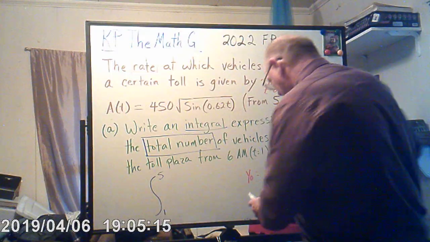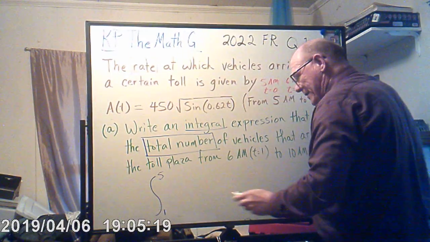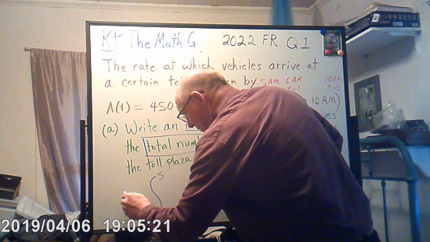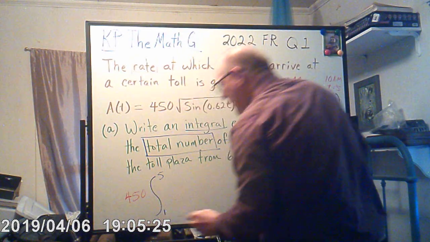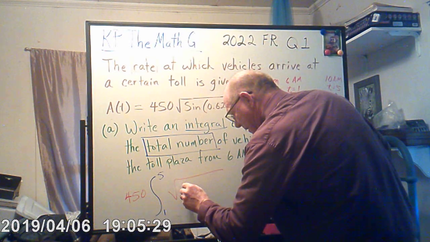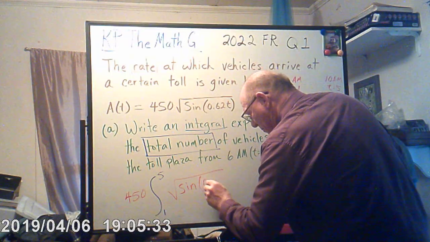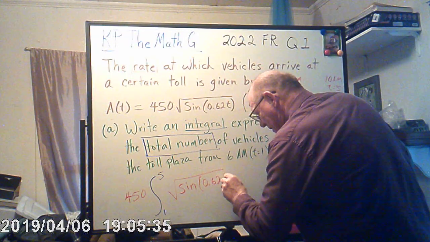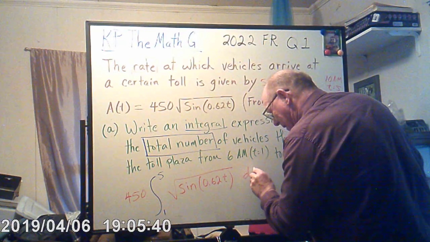If you want to do total vehicles without putting that in the calculator, you can put the 450 on the outside, then make sure you put sine of 0.62, put the t in parentheses, and then dt, and that's it.